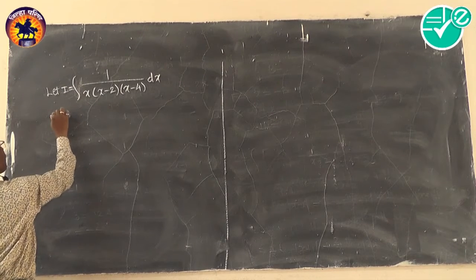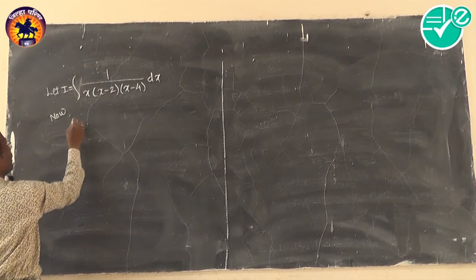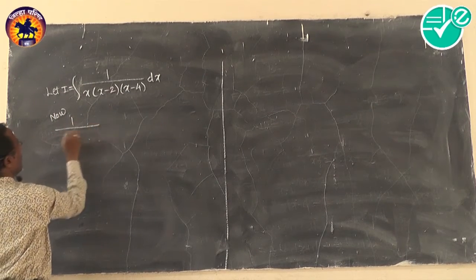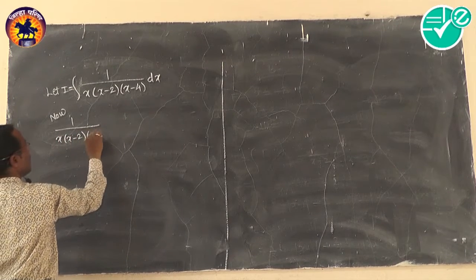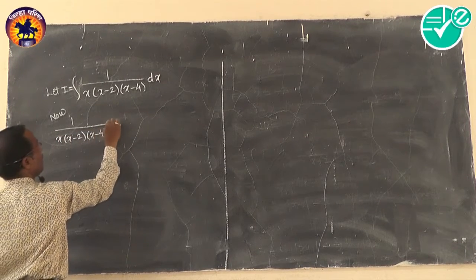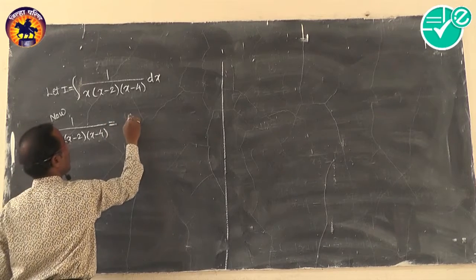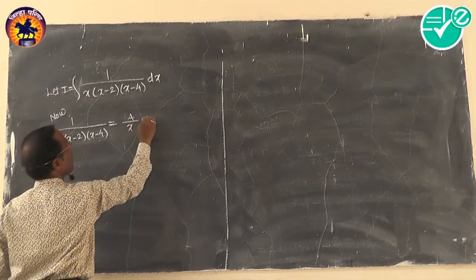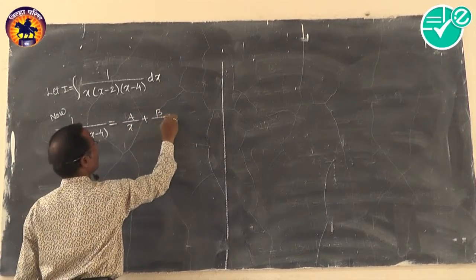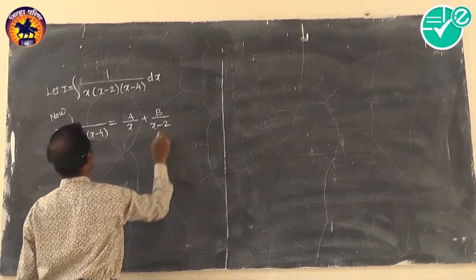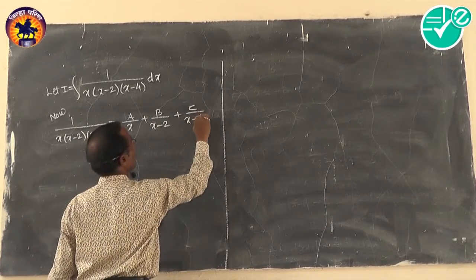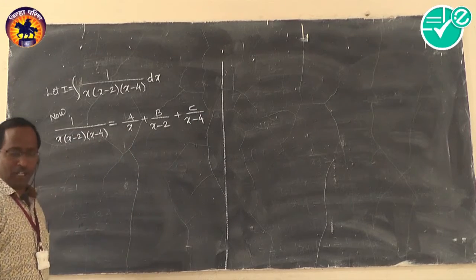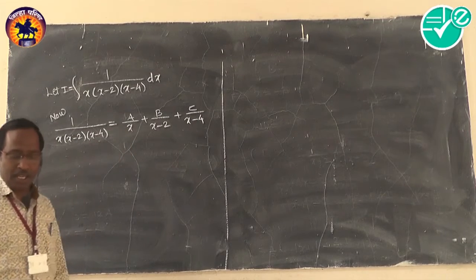Now 1 upon x into x minus 2 into x minus 4 can be written as a upon x, plus b upon the second factor x minus 2, plus c upon the third factor x minus 4. Now we want to find the values of a, b and c.